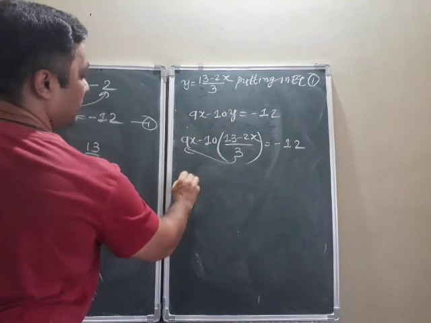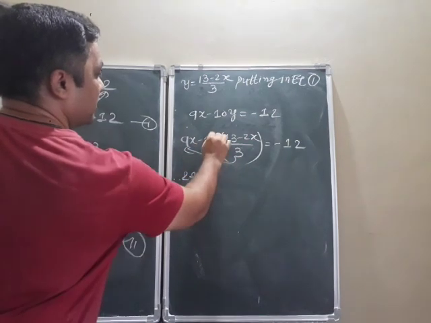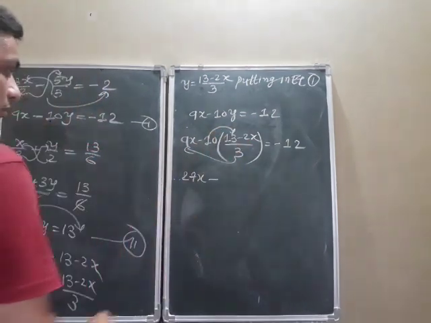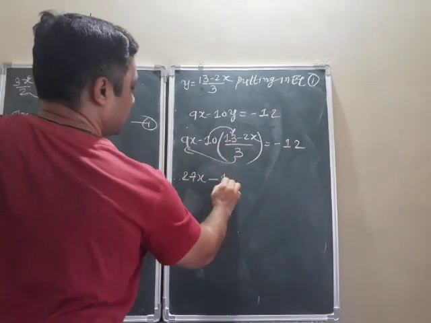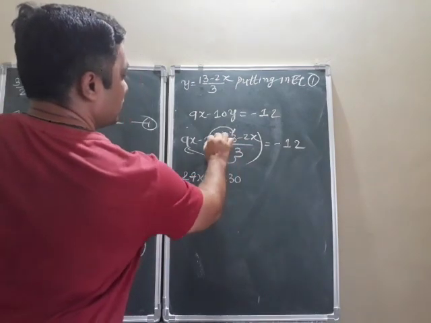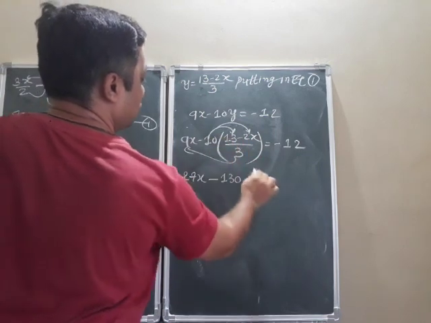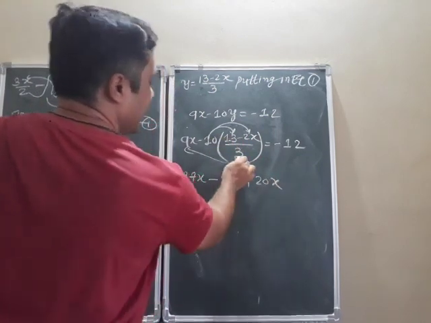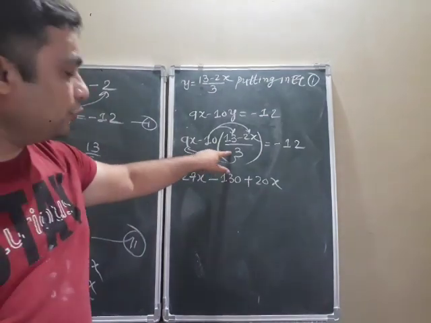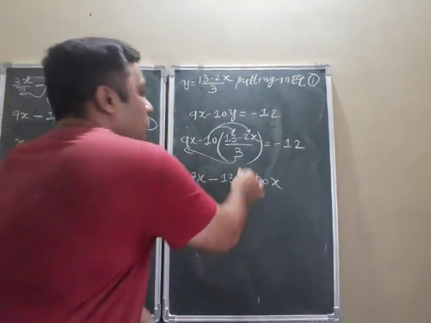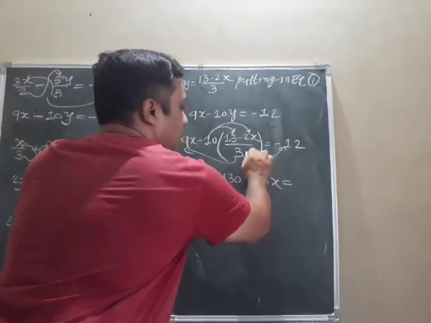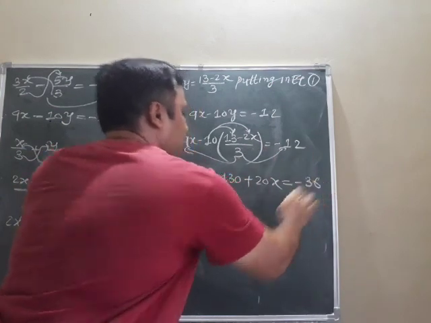So 9 3s are 27x minus 10 is multiplied here, so 13 into 10, it's 130. Now this 10 is multiplied, minus minus plus, 10 into 2, 20x. And this LCM you can either write in the denominator, otherwise you can multiply here. So minus 12 3s is minus 36.